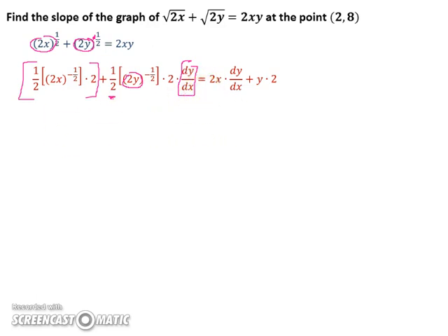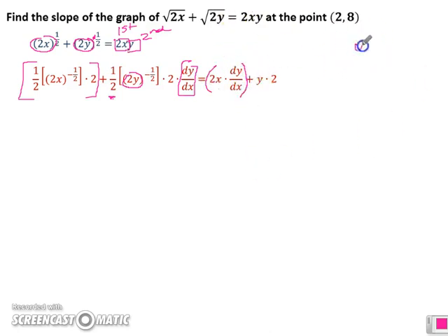Okay, so then the right side, we're going to treat 2x as the first piece and then the y as the second piece. When I do the product rule, I've always just learned to say it to myself: it's the first times the derivative of the second. So that's this piece here.